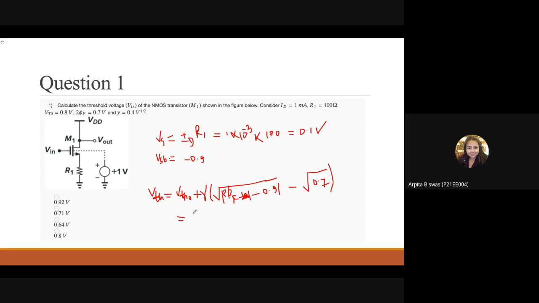It is 0.8, plus the gamma value is 0.4, into root over mod of 0.7 minus 0.9, minus root over 0.7.